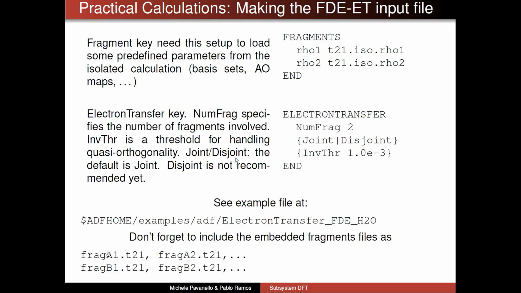These are the fragment files. Specifically, this is fragment 1 and fragment 2 for diabat A, and this is fragment 1 and fragment 2 for diabat B. So you have to have these fragment files, tape files, in the folder where you run the electron transfer calculation.